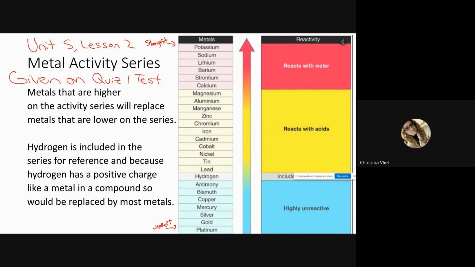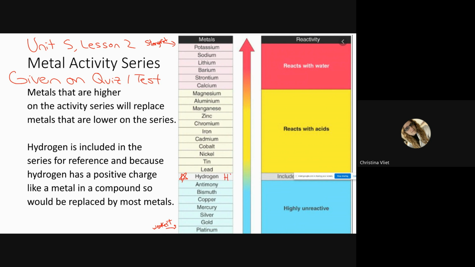So this is a list of all the different metals, except there's one exception here. There's something else in this list that's not a metal. What else is in the metal activity series that's not a metal? Hydrogen. So you want to put a star there. It acts like a metal, it reacts like a metal, but it's actually not a metal, and that element is hydrogen.